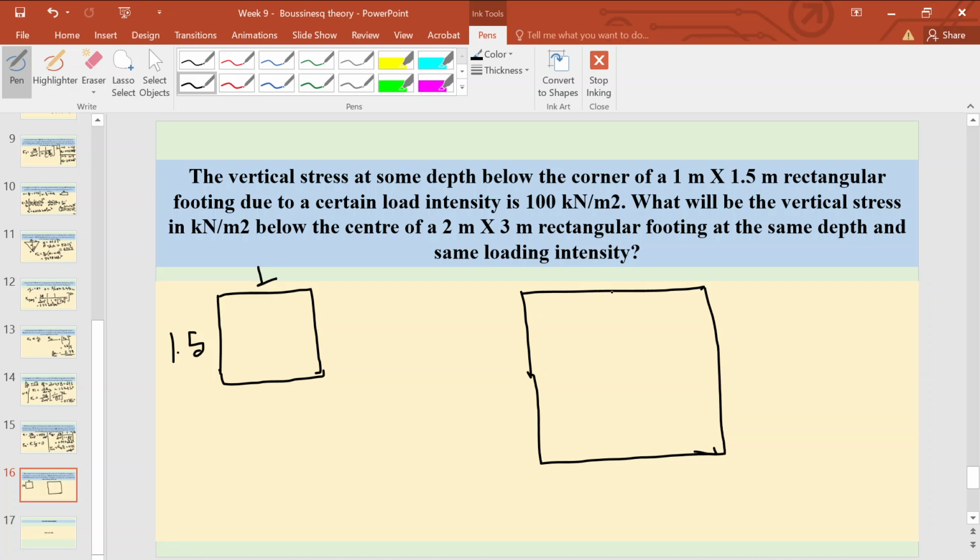it is nothing but a combination of 4 of the initial blocks, which is 2 over here and 3 over here. So I have mentioned over here some depth below the corner at this point. At this point, the value of sigma z equals 100.